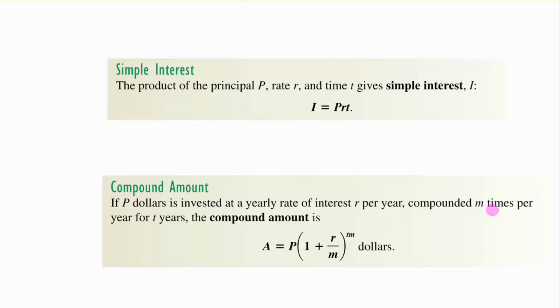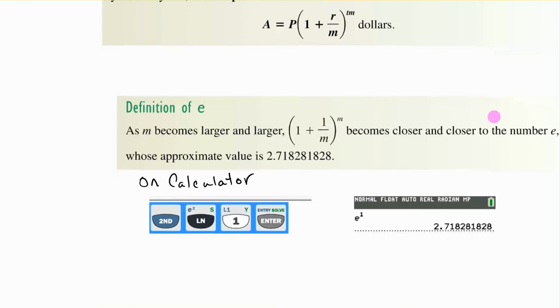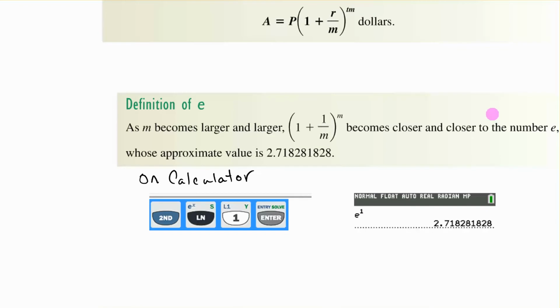M is the number of times you're going to compound it, so that's either quarterly, semi-annually, monthly, daily, that sort of thing. And R is your interest rate. So that's that formula.